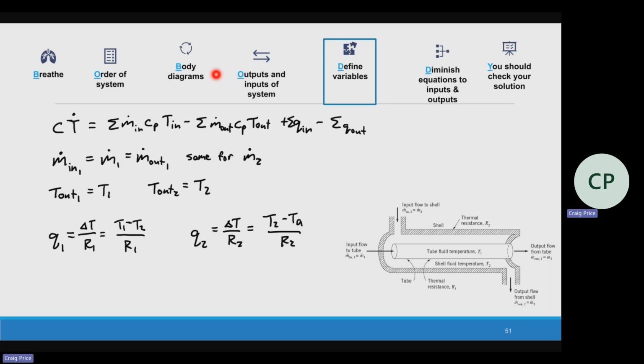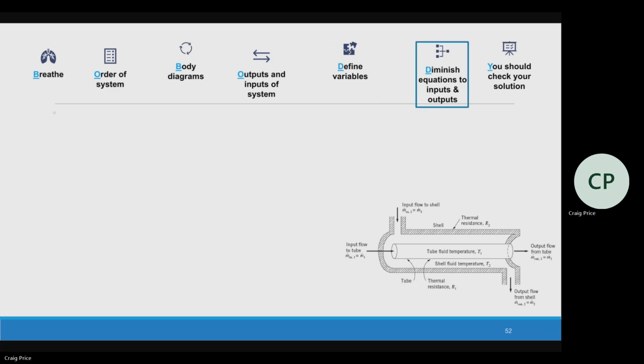Okay, so let's start with the tube. For the tube, that means that I have a capacitance. What is the capacitance of that tube? We can look at mass and specific heat, or depending on the volume, what that is. But here's my first order equation. I've got M1 dot, that's my input, times specific heat, times the input temperature, which is Tn1, which is pretty hot.